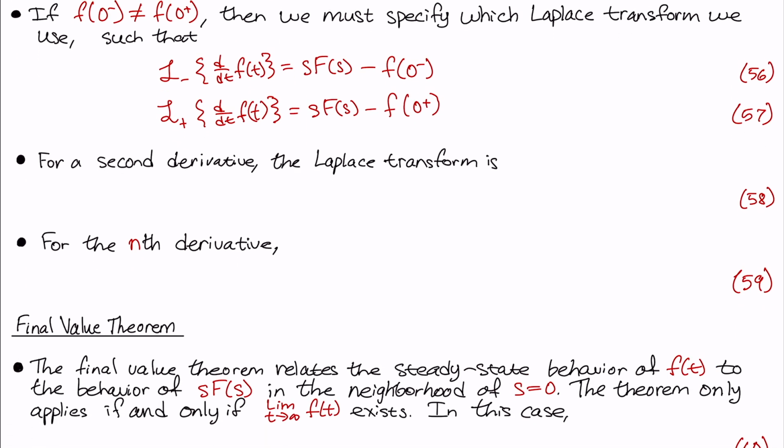For the second derivative, we'll take the Laplace transform of d squared over dt squared of f of t, and this is equal to s squared times F of s minus s times f of 0 minus f dot of 0.